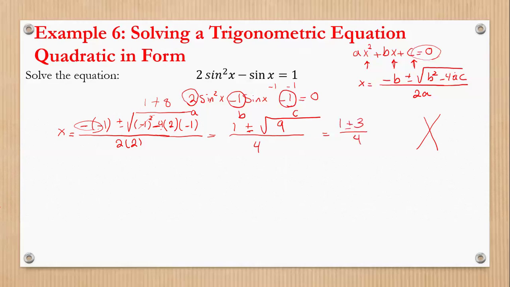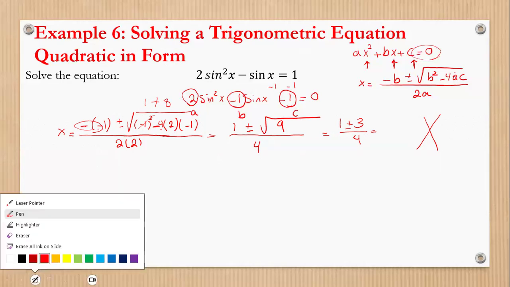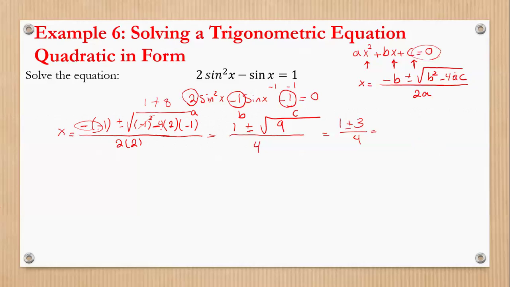So we have two solutions, one with the plus, one with the minus. 1 plus 3 is 4. 4 divided by 4 is 1. 1 minus 3 is -2, divided by 4 is -1/2. And these are my two solutions.